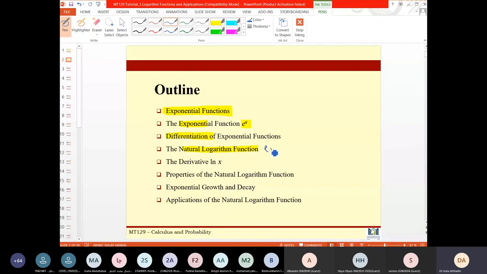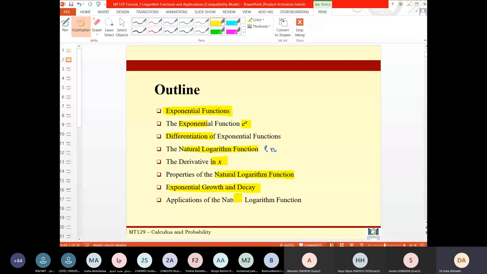You have it in your calculator, we call it natural logarithm. We will talk about how to find the derivative of this ln, and then we will talk about the properties of this ln function, the natural logarithm, and the exponential growth and decay as an application of this exponential function, and applications that we have of this natural logarithm function in integration.